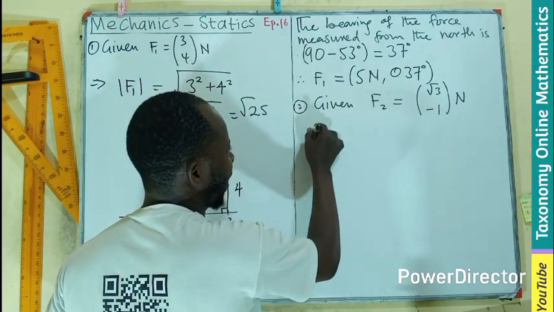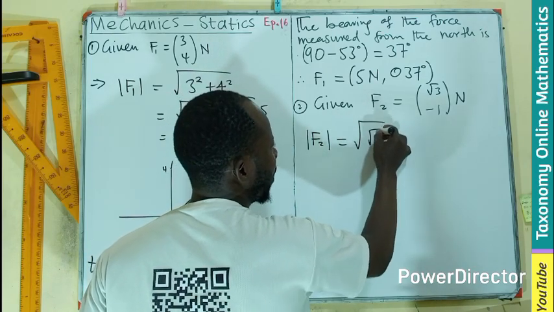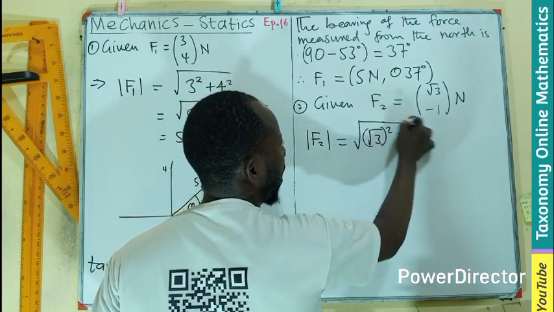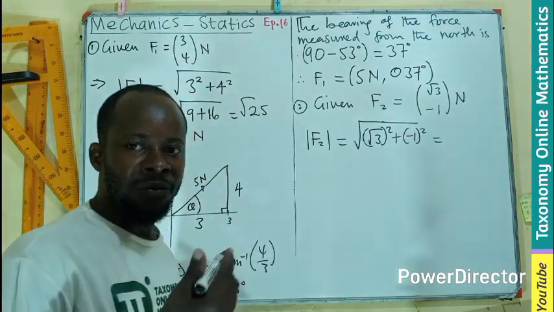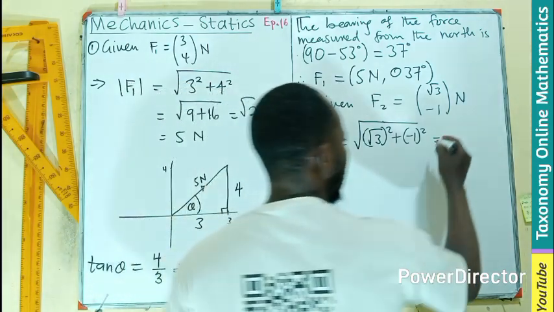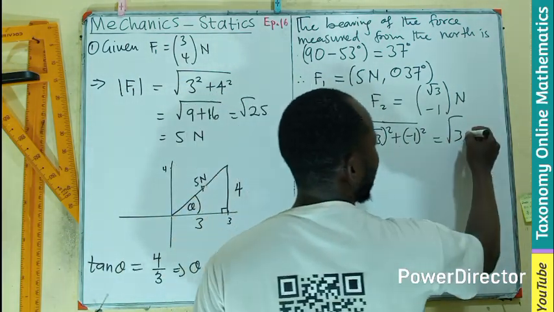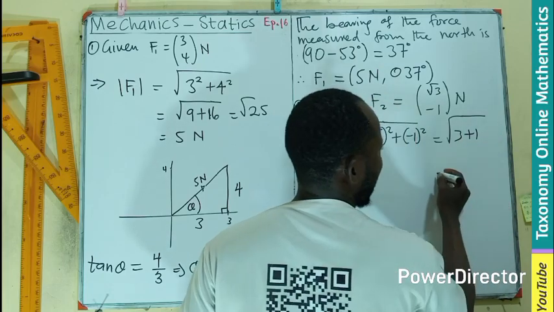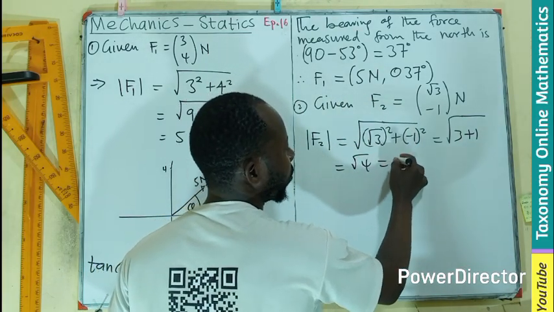Let's see our magnitude of force 2 equals the root of root 3 all squared plus -1 all squared. The first x component squared, if you square that, we have only 3. So we have 3, -1 squared is what? 1. So that gives us the root of 4 equals what?